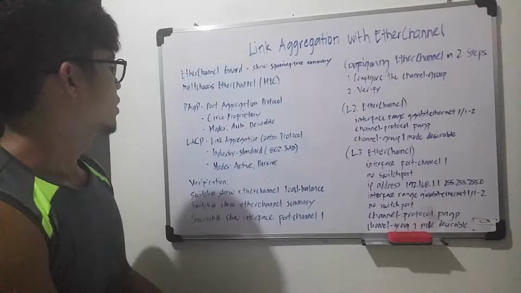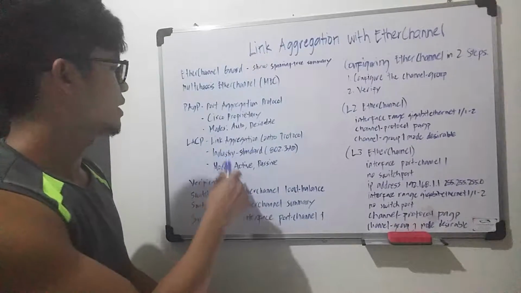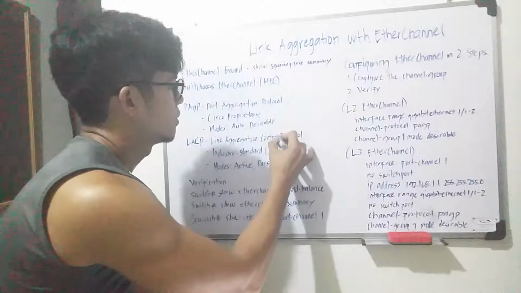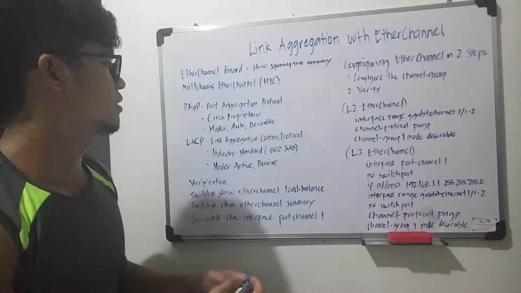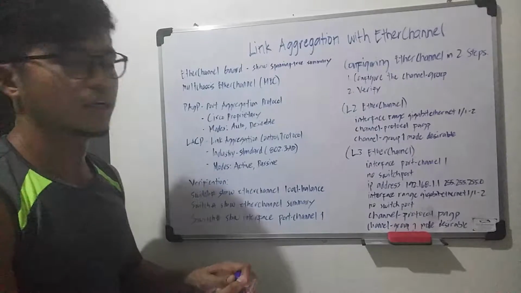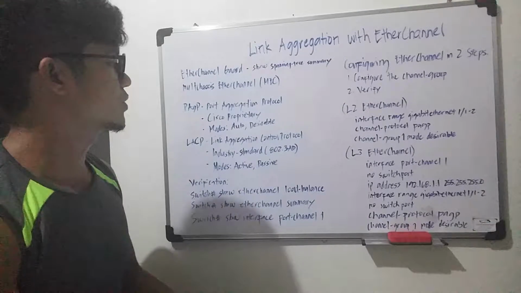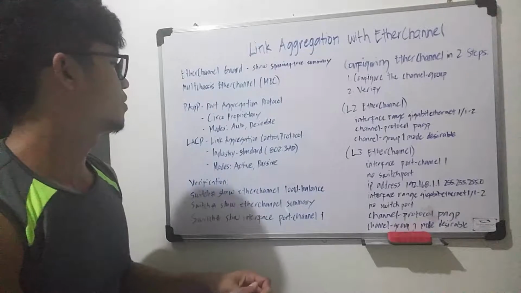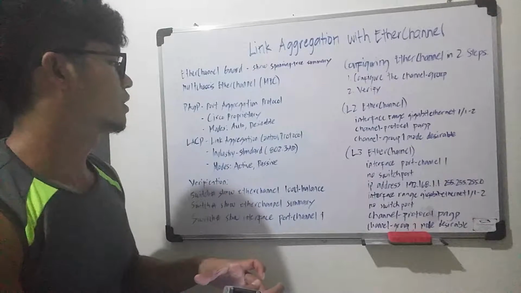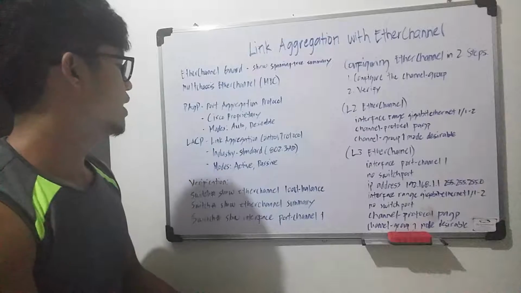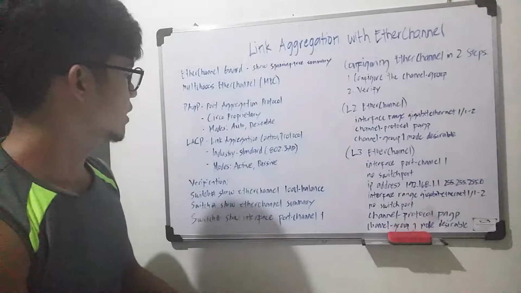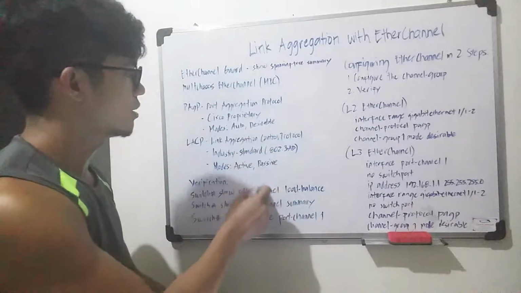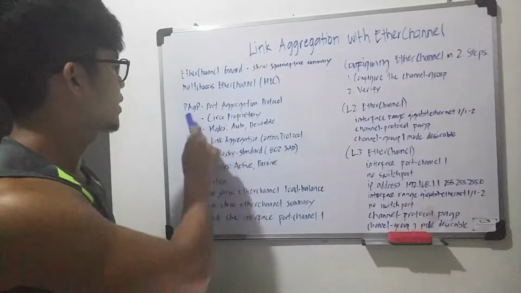The other is LACP, Link Aggregation Control Protocol. This is an industry standard based on 802.3ad, and it also has two modes: active, equivalent to desirable, and passive, equivalent to auto in PAgP.